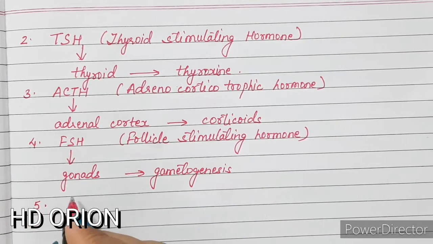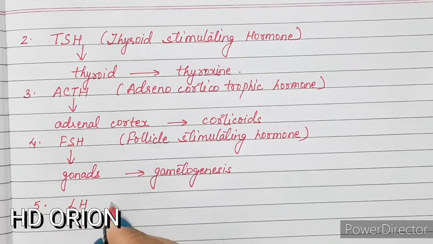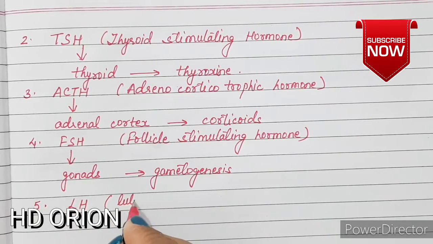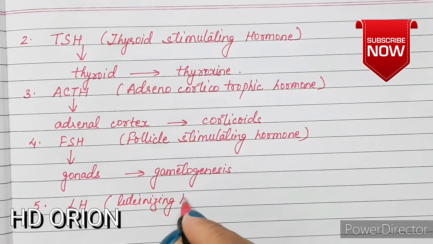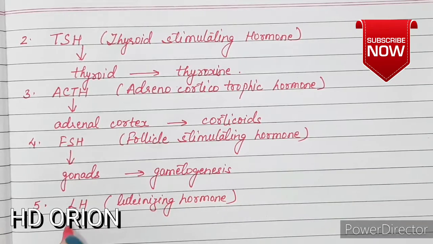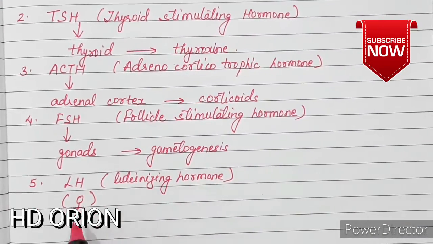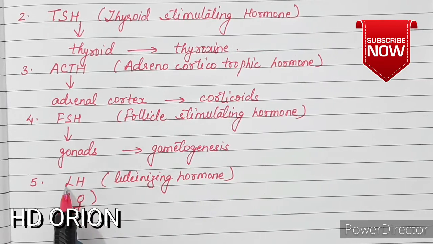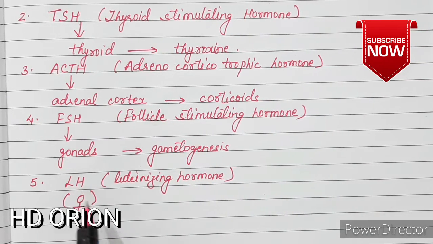The fifth one is LH, which stands for luteinizing hormone. This is essentially secreted in females. The LH from the adenohypophysis will stimulate the corpus luteum.